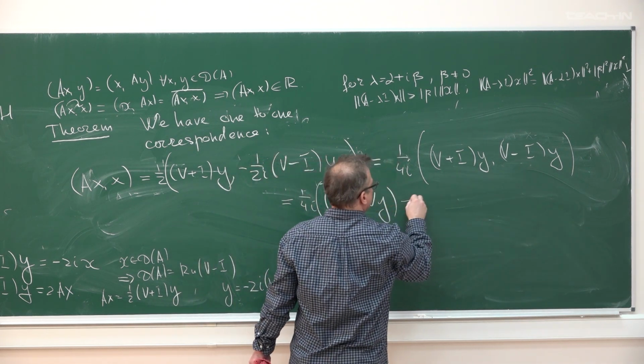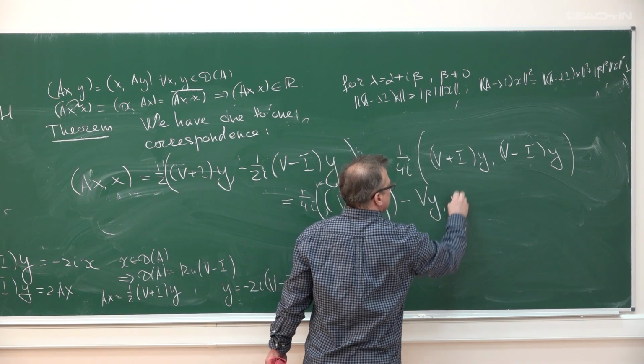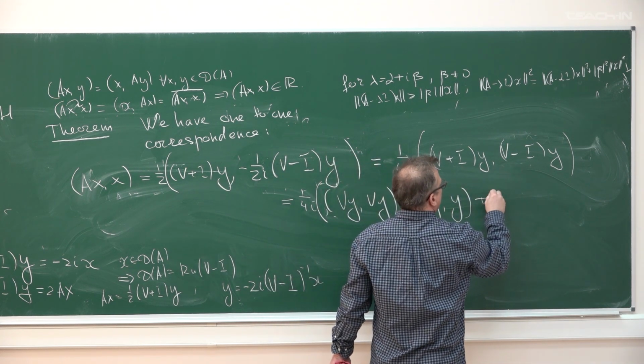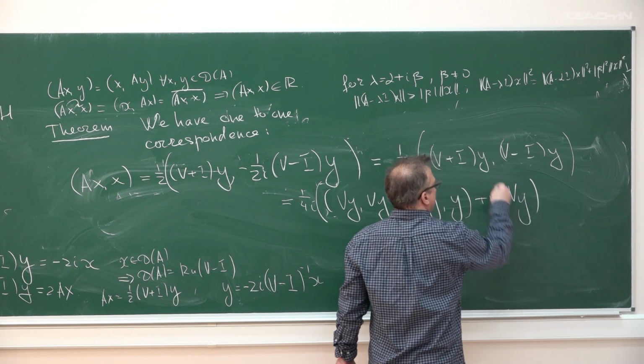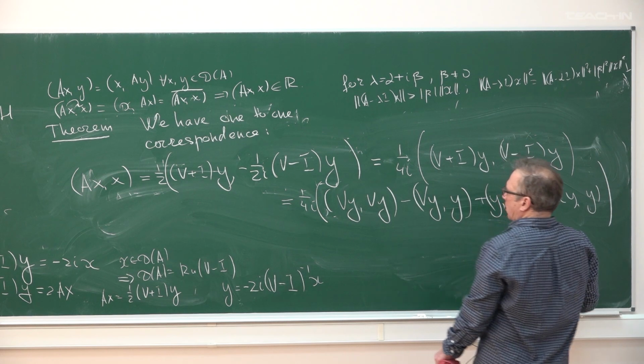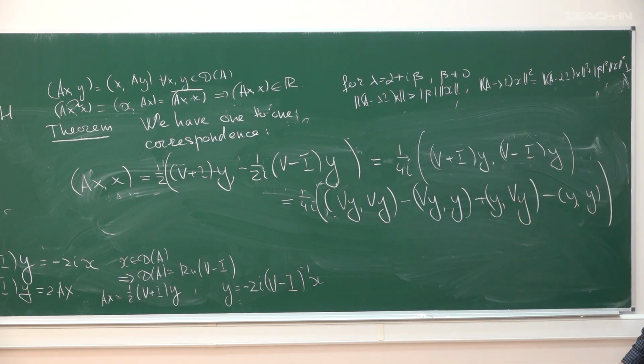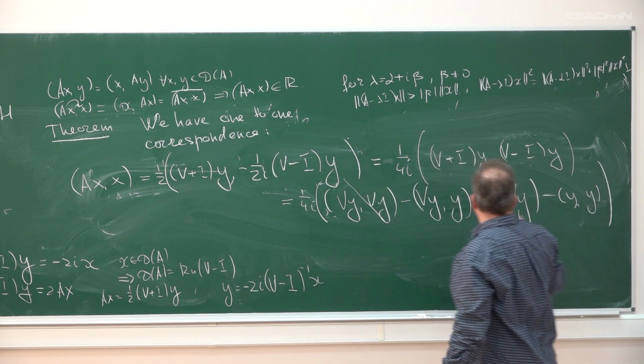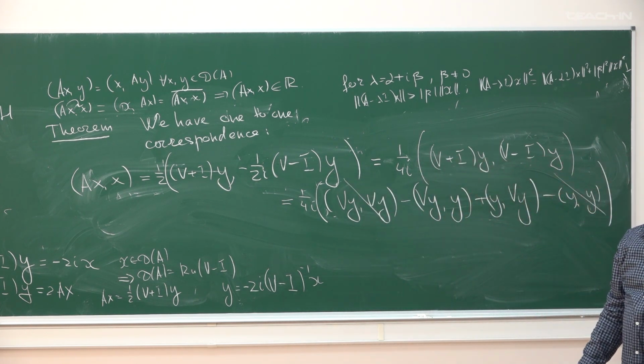Vy minus y, plus y, Vy minus y. So what can you say about the first and the fourth terms? Okay, cancelled, because the operator is an isometry.